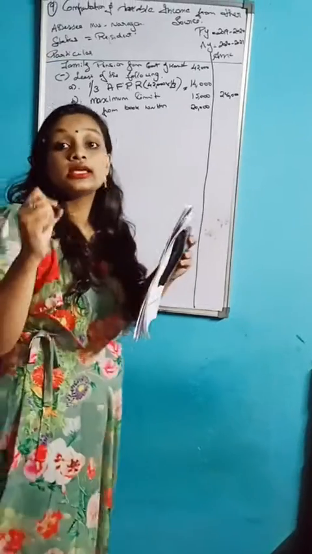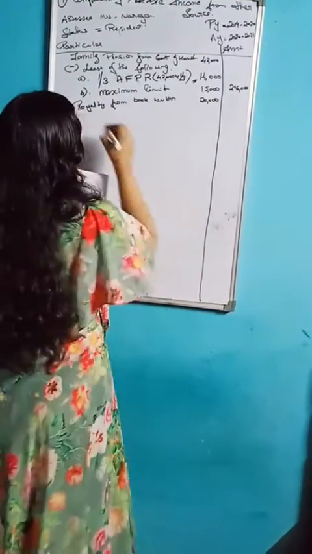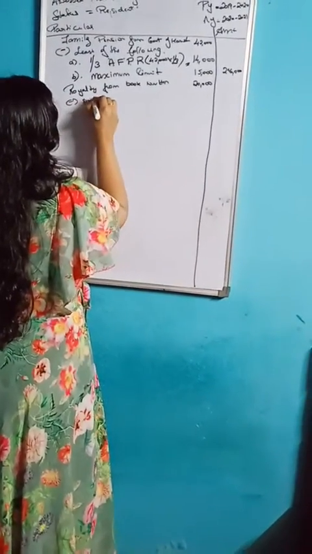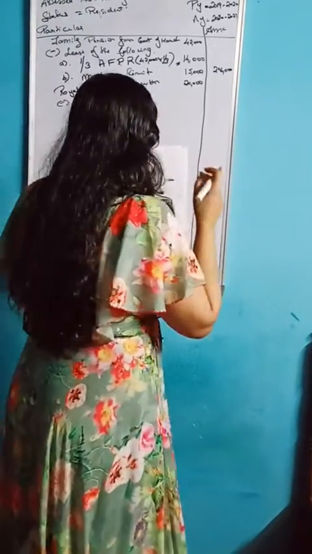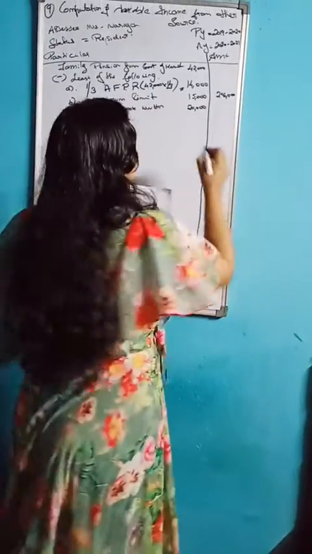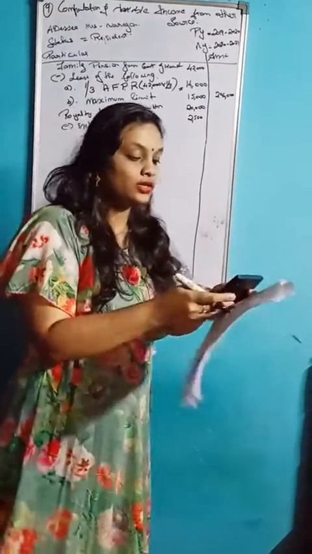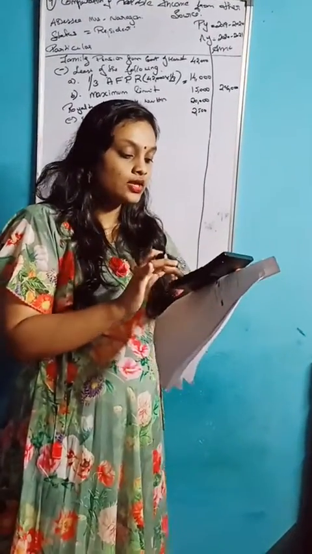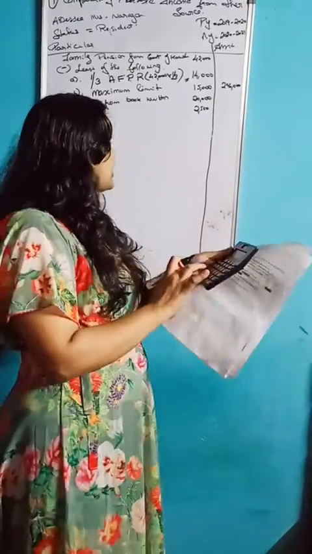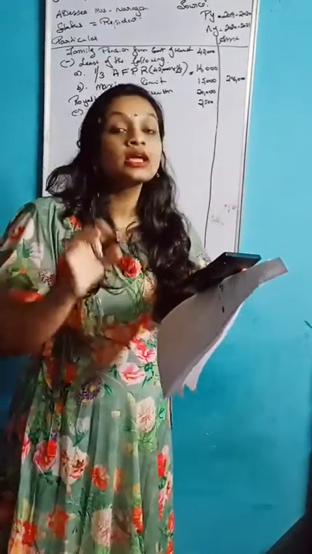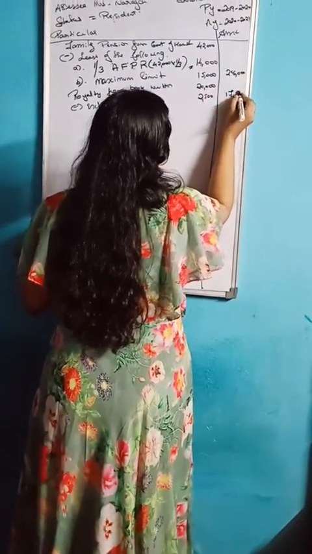Next, less expenses, that is 2,500. How much you will get? 20,000 minus 2,500, you will get 17,500.